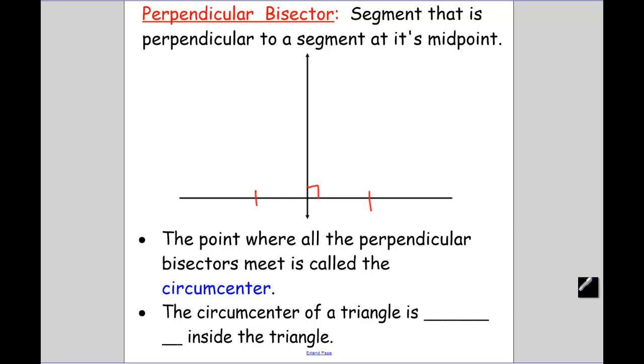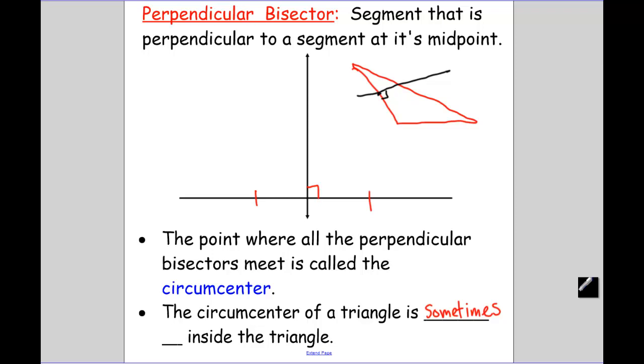And the circumcenter is going to sometimes be inside our triangle. In the case, again, of an obtuse triangle, I'll draw an obtuse triangle here. Let me try and draw in all our perpendicular bisectors. So I'm perpendicular at its midpoint. First find the midpoint, draw your perpendicular.